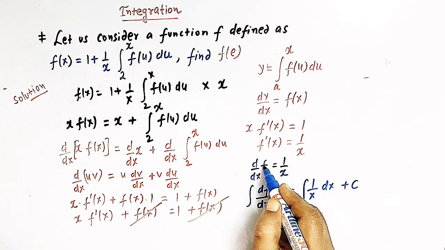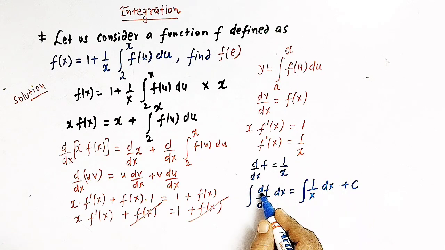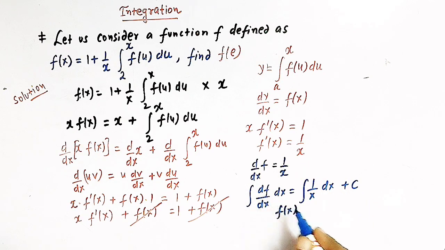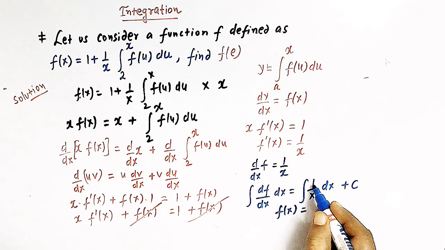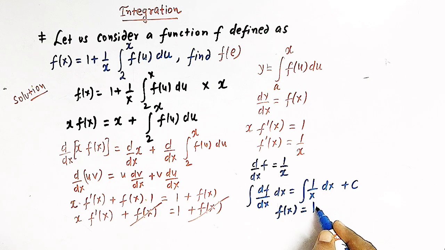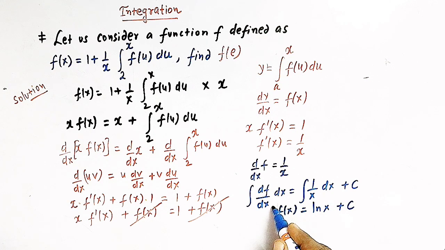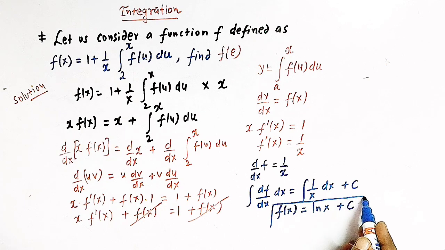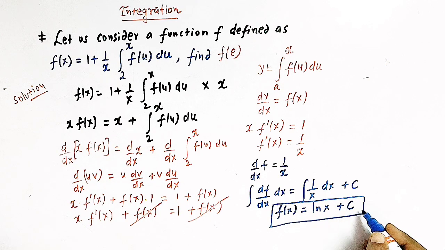And f is f of x. So here we have simply f of x, that is f, and here the integral 1 over x dx is simply natural log of x, and c is the constant of integration. So now the function f of x is given by this expression, and we have to find out the constant of integration by using some condition, right?